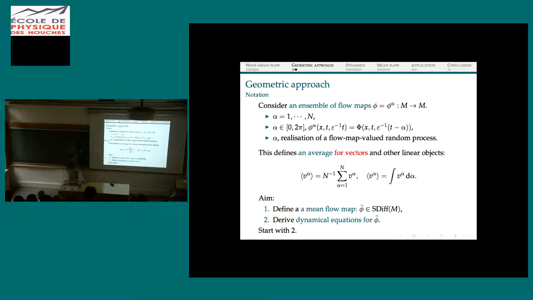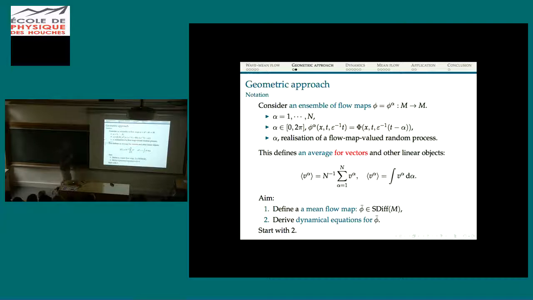You can think about having a family of periodic solutions, for instance, and then you make an ensemble of solutions by just shifting the phase a bit. This is an example of a fast time wave, where just by shifting the fast time a little bit, you get another solution. So generally it's a family of solutions.